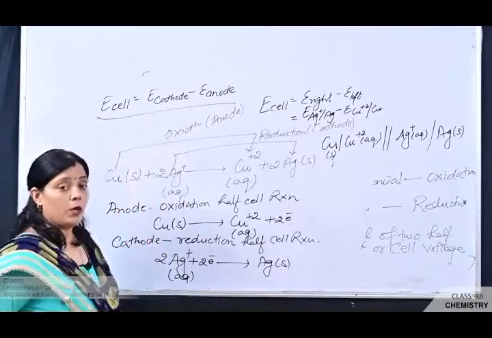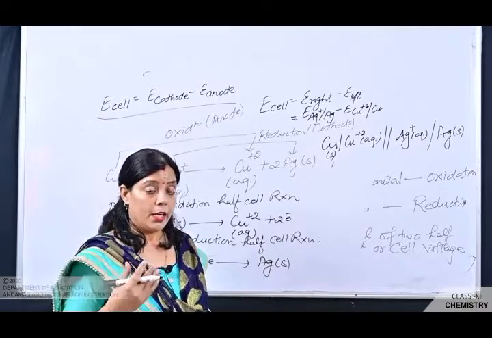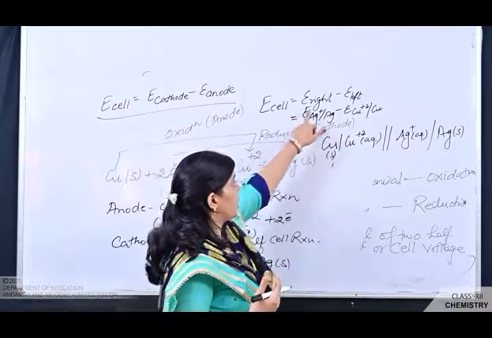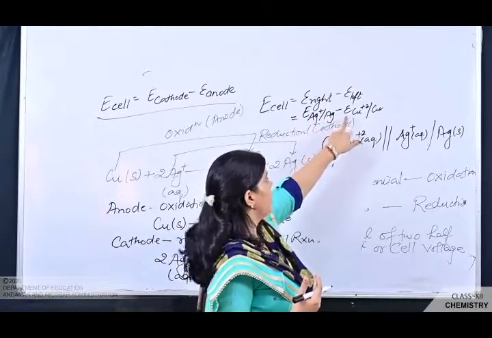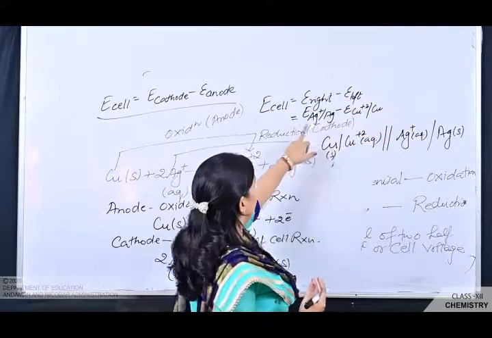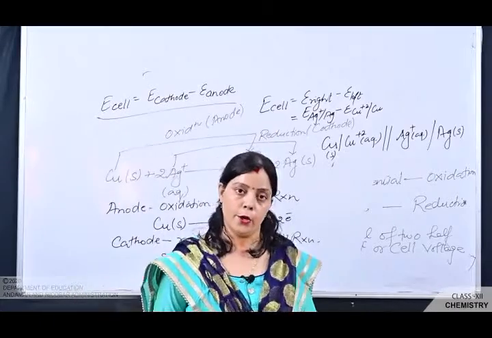By using the formula E cell is equal to E right minus E left, where the electrode potential is represented as the reduction potential, here the right is Ag+ to Ag reduction, and the left is Cu2+ to Cu. So we can write E cell is equal to E cathode minus E anode.